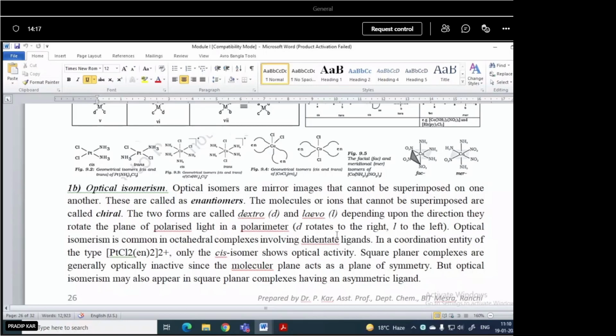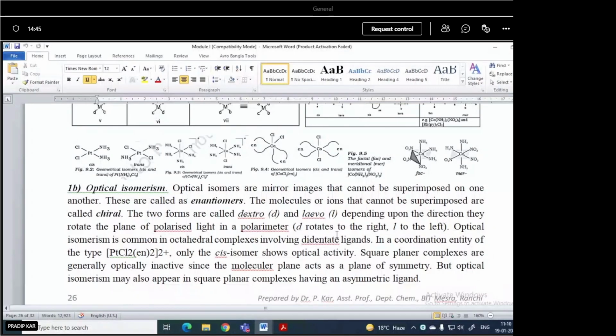Square planar complexes are generally optically inactive because the molecular plane itself is a plane of symmetry. We will read about plane of symmetry and center of symmetry in your organic portion or covalent bonding. Here let me give you a preliminary idea.